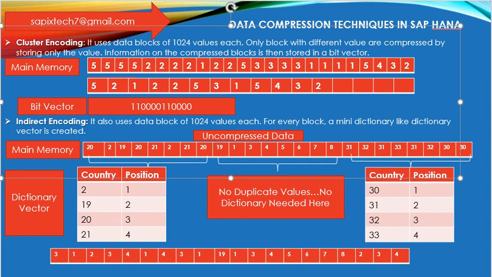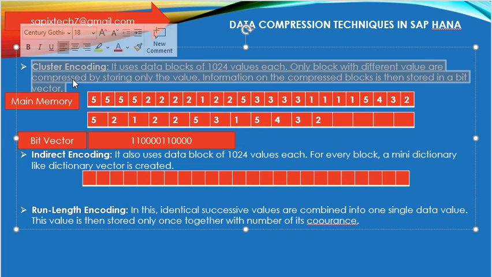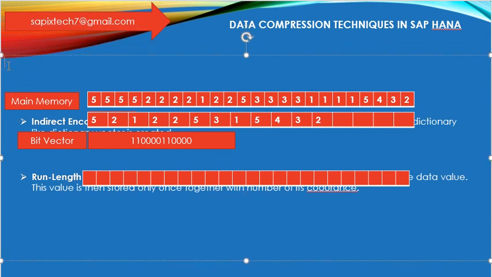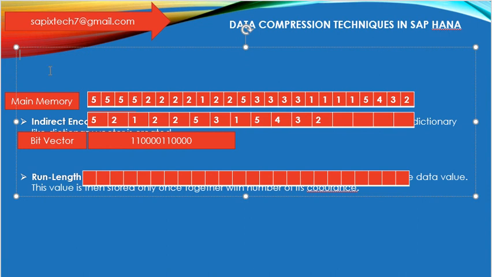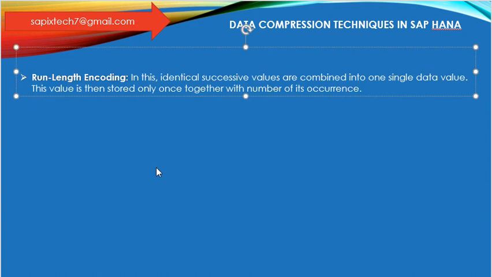Now we are left with the last one, that is run length encoding. So we have discussed cluster encoding. Let me delete this, I need some space here. Now we are left with run length encoding, so let's understand what this run length encoding is.